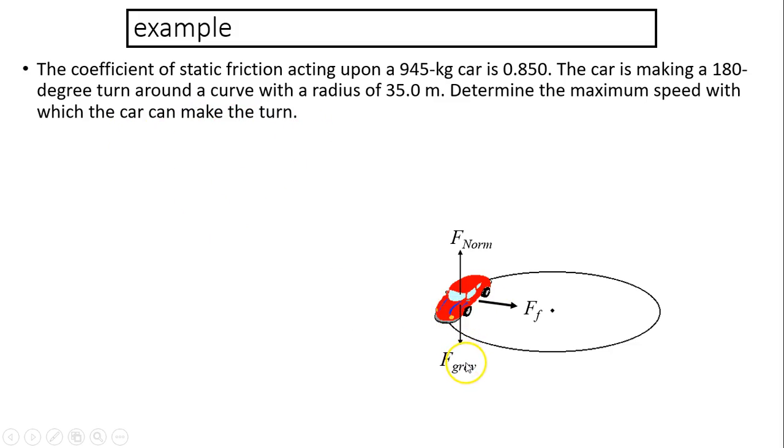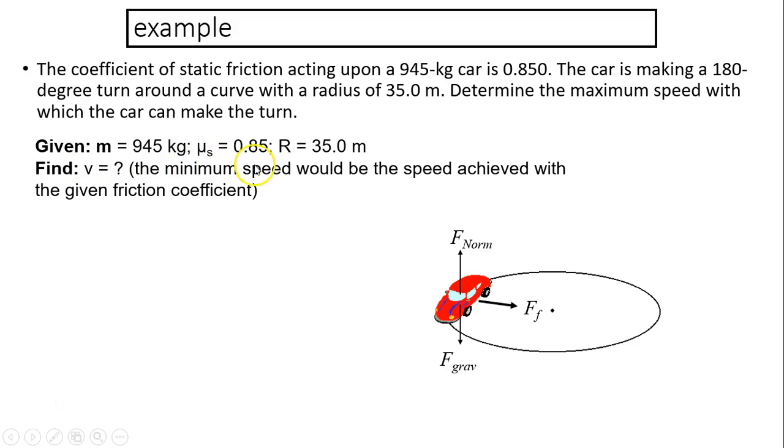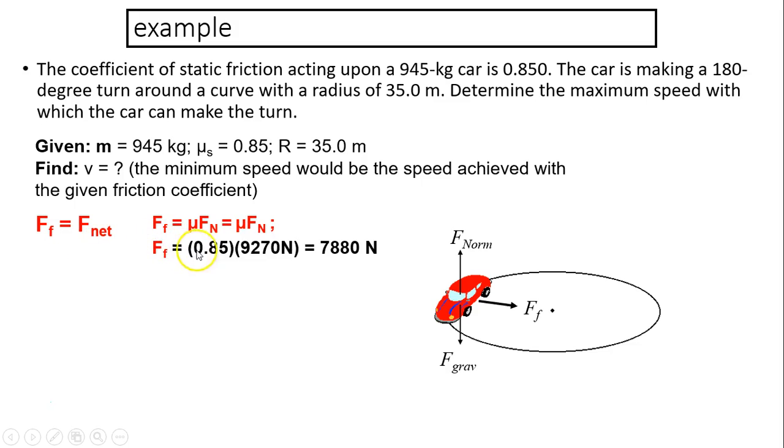So again, this is a free body diagram. Static friction is the one providing centripetal force. So first you write down what is given, and you have to know what is unknown, what you have to find. So we know friction is the net force. Friction in this case is providing centripetal force. Friction equals mu times Fn.